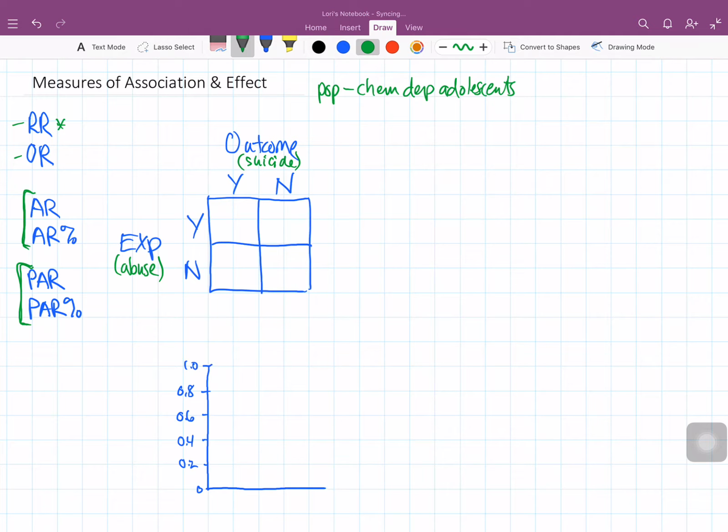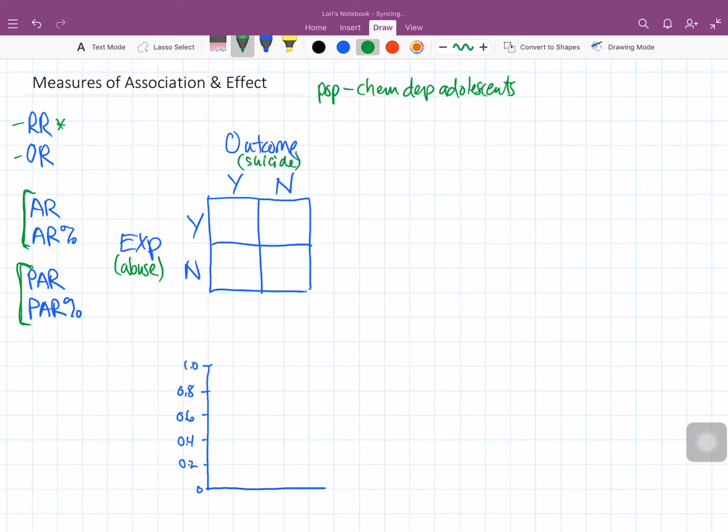So that's who we are trying to expand to. We're trying to be able to have some meaningful information. We obviously only have a sample. There are lots of chemically dependent adolescents in the U.S. that we could extrapolate these findings to.